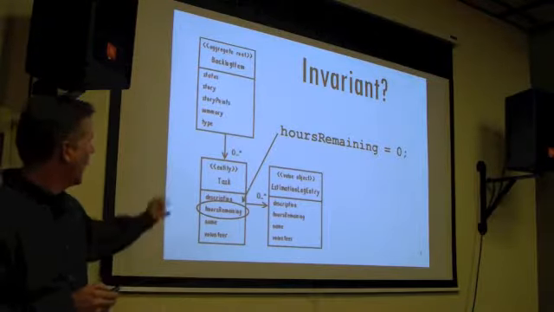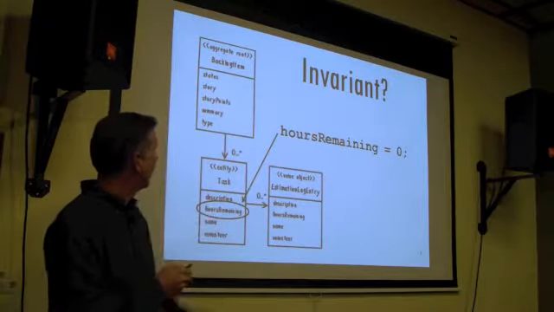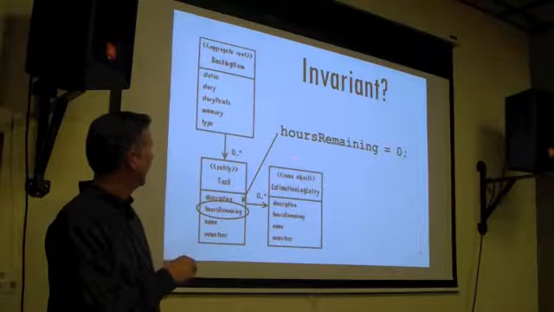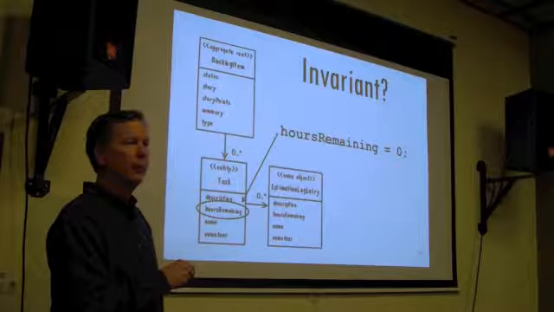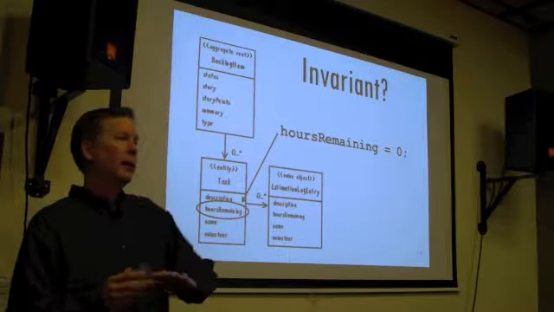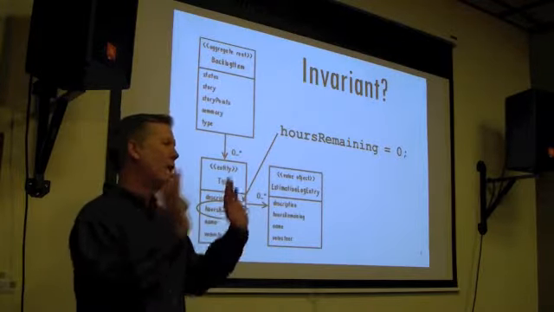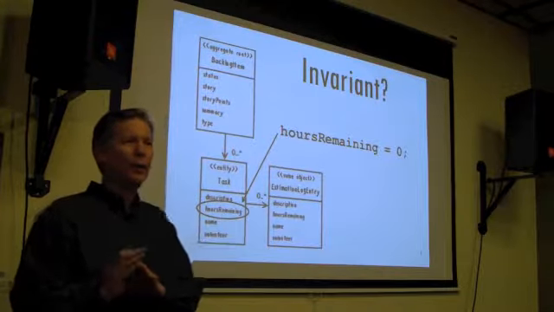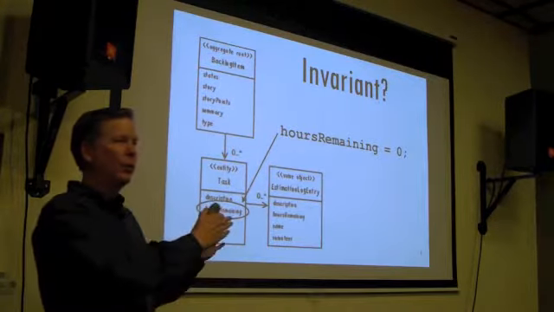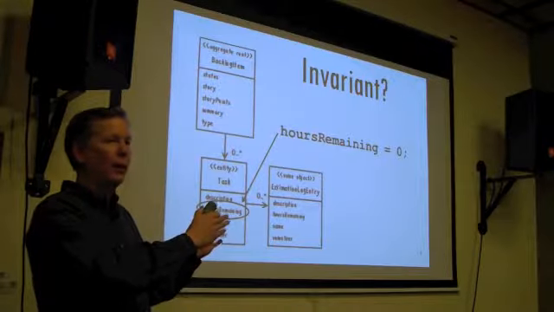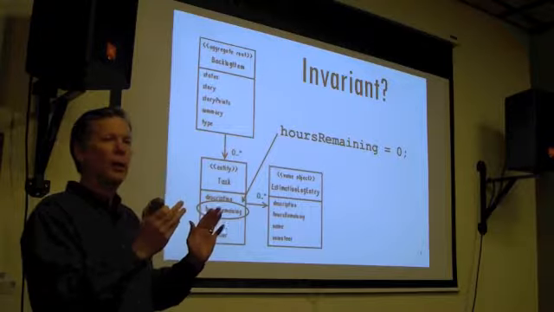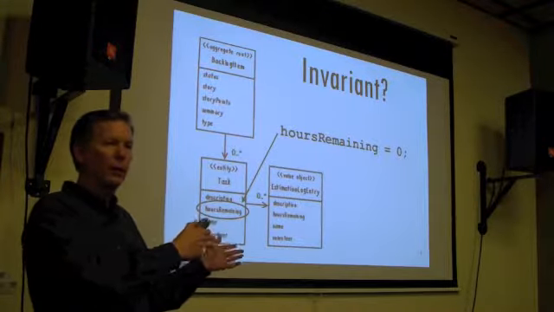So, when a task has its hours remaining set to 0, so as a teammate, now a team member, a volunteer who's actually using this product, right? We're not talking about the team that's designing this tool or this application, but a team member who's actually using this product.